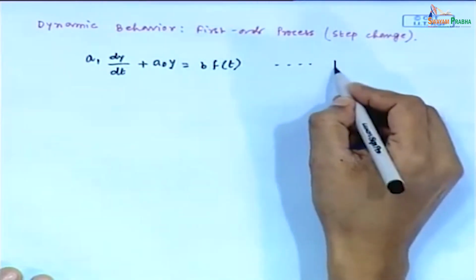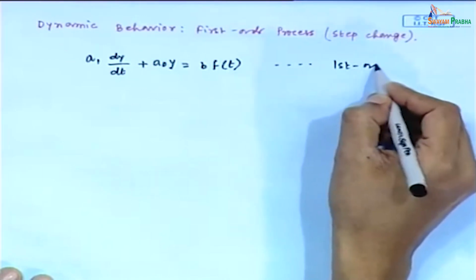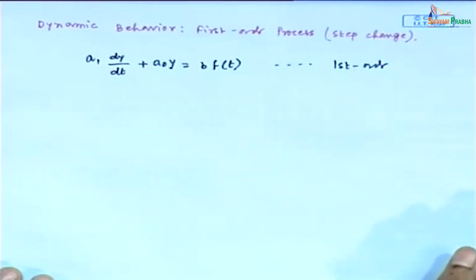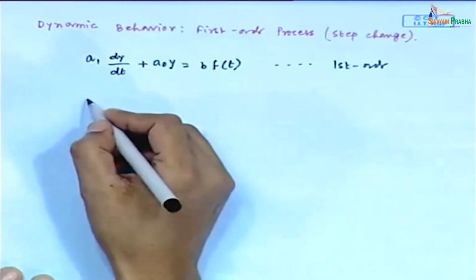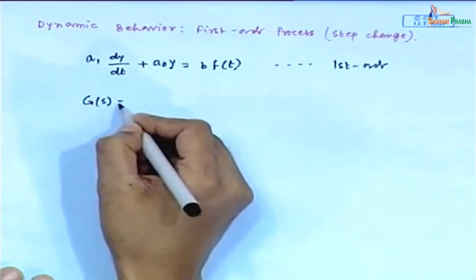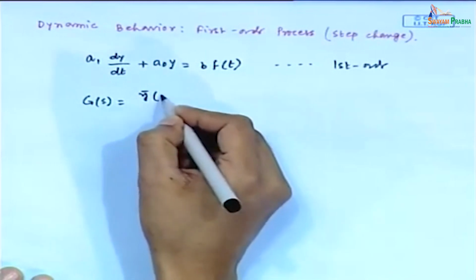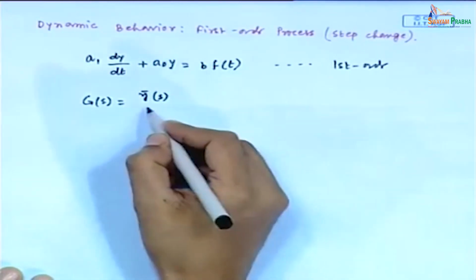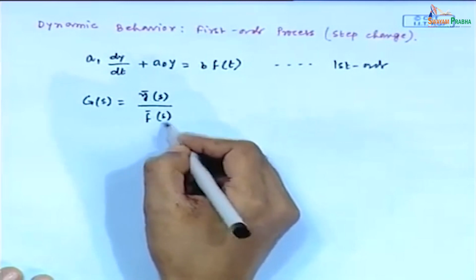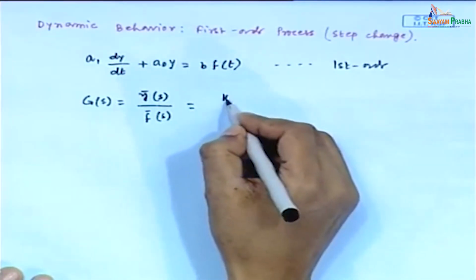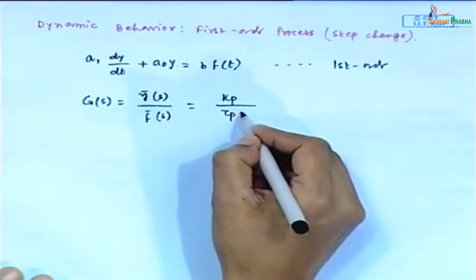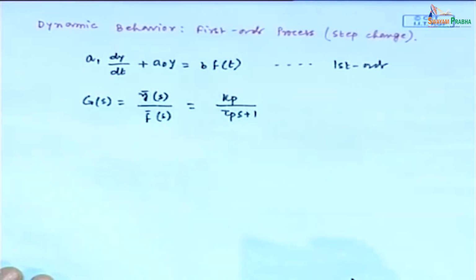This is the model of a first order process, and transfer function we got, that is G s equal to y bar s divided by f bar s equal to k p divided by tau p s plus 1, and we have considered step change in input variable with magnitude a.